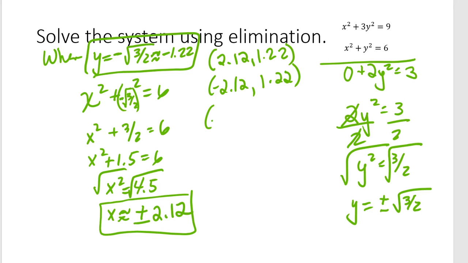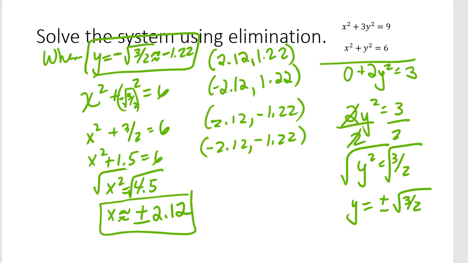So we'll get when x is equal to 2.12, it can also be negative 1.22. And when x is equal to negative 2.12, it can also be equal to negative 1.22.